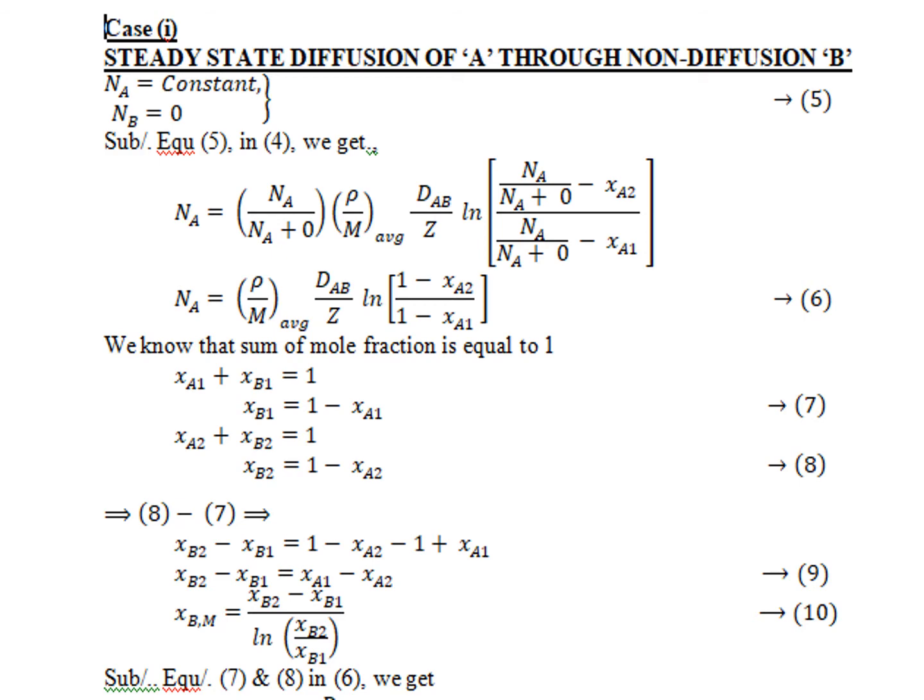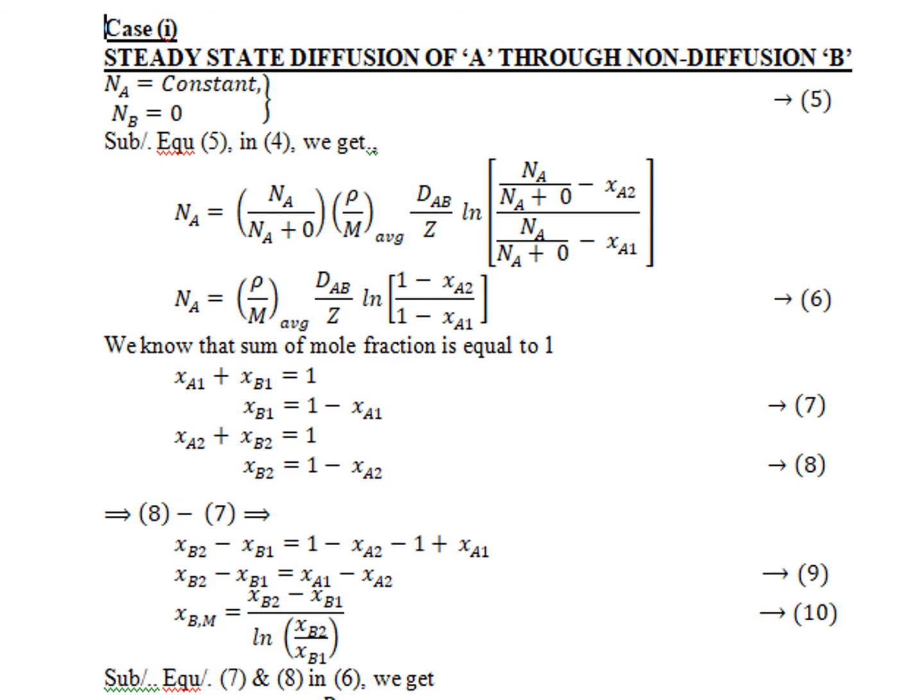In gas absorption, the soluble gas capital A is transferred to the liquid surface where it dissolves, whereas the insoluble gas capital B undergoes no net movement with respect to the interface.